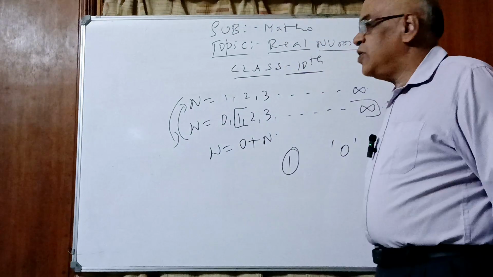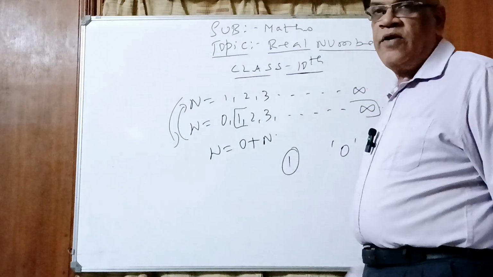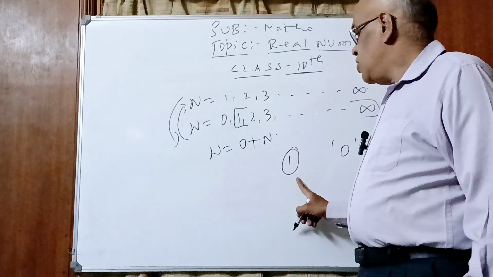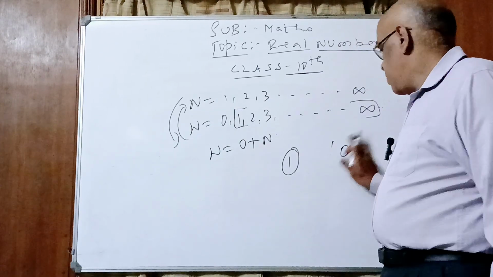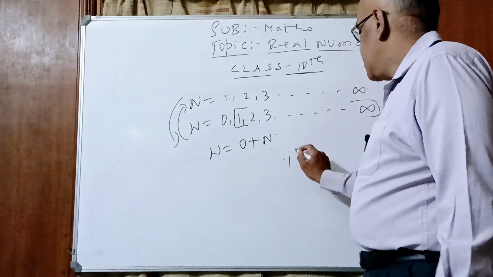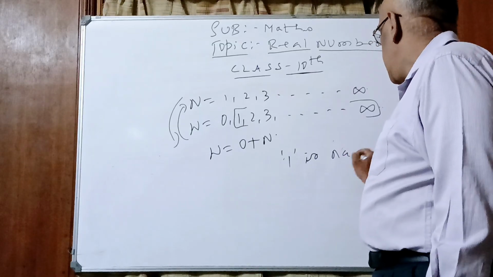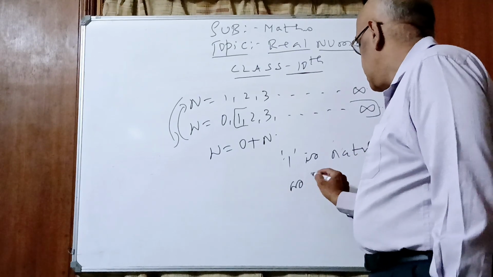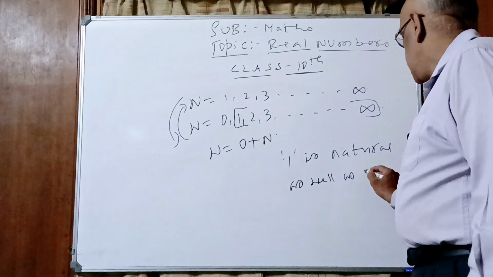0, is it a natural number? No, because it doesn't appear in the set of natural numbers. Is 1 a natural number? Yes. Is it a whole number? Yes. It appears in both the sets. So 1 is natural as well as whole number.